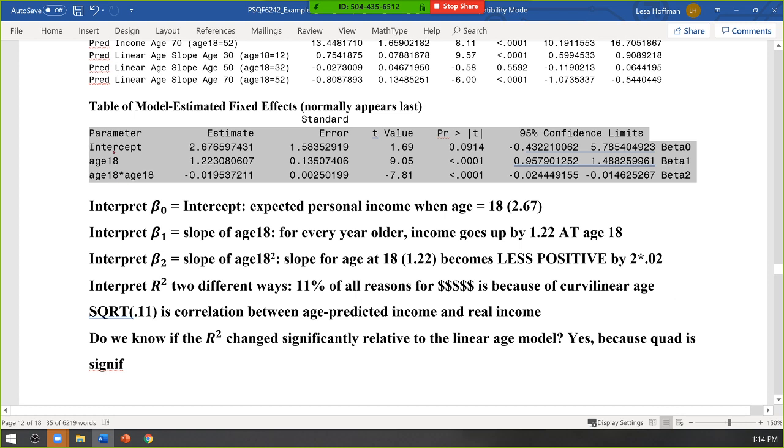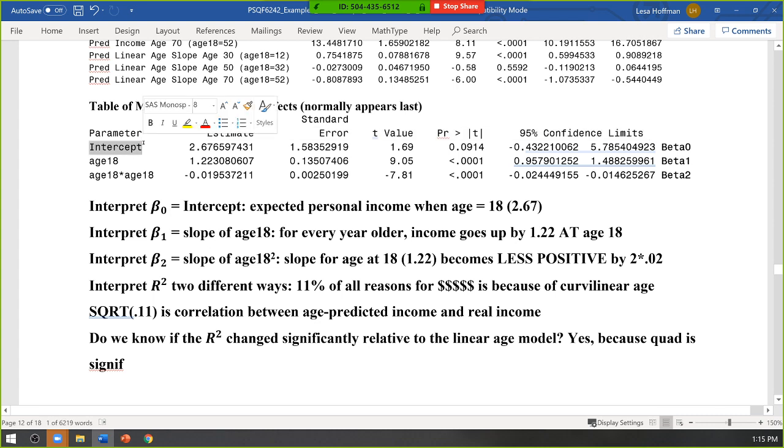So the intercept for the first row, the linear slope of age in the second row, and the quadratic slope for age in the third row. So the first column is your estimates, labeled as coefficient in Stata, and intercept is labeled as underscore const for constant in Stata as well.